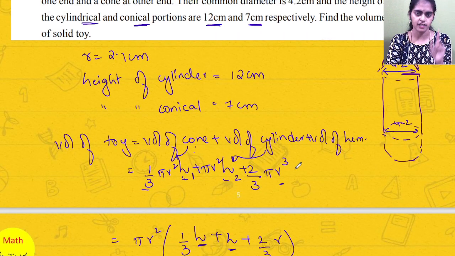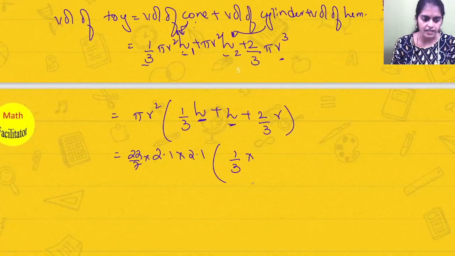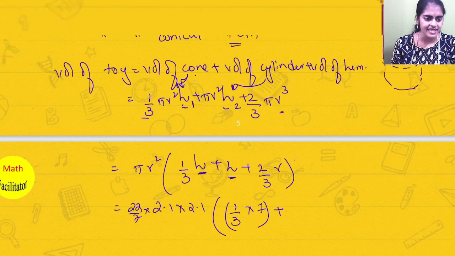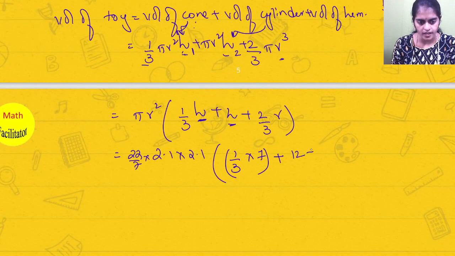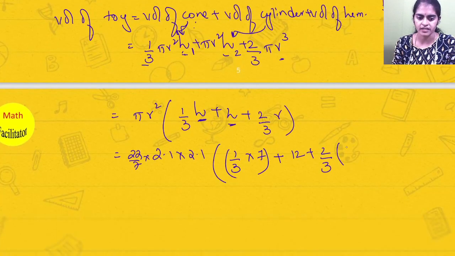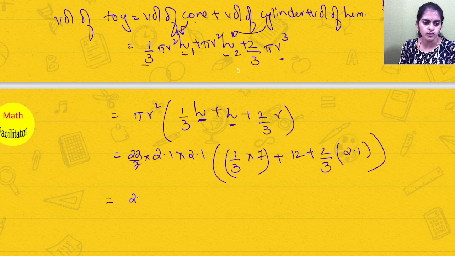So in 1 by 3 h, the first h is the height of cone, so cone height is 7. Substitute that only. Plus, the second h is the height of cylinder, so you have 12, plus 2 by 3 into r. Radius is again 2.1. So that is equal to 22 by 7. I can cancel here: 7 ones are 7, 3 sevens are 21.